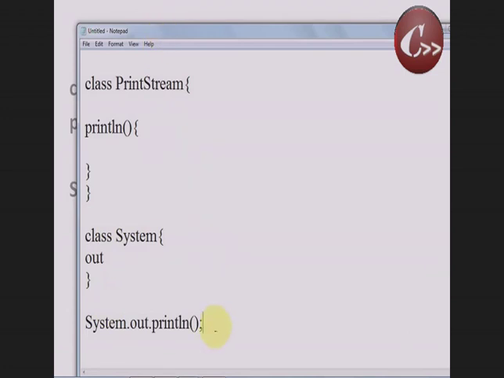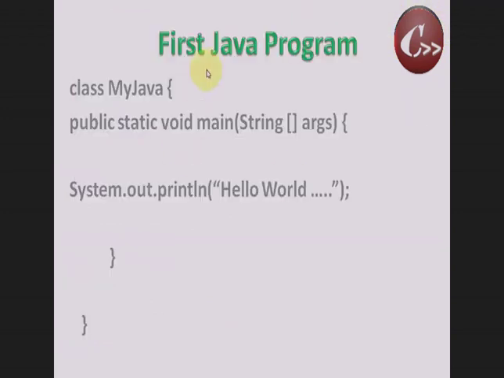Okay, hope you guys understood this concept. So this is the story behind System.out.println, which is used to print something in Java. Okay, this is the explanation of the first Java program.